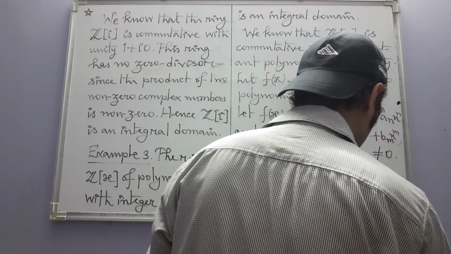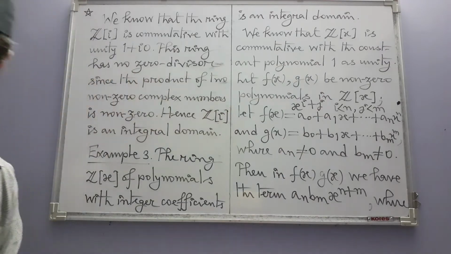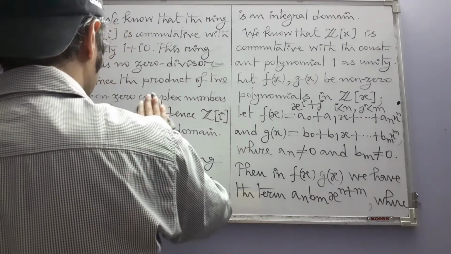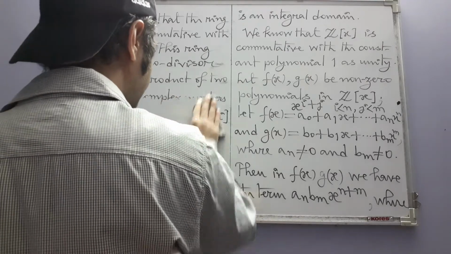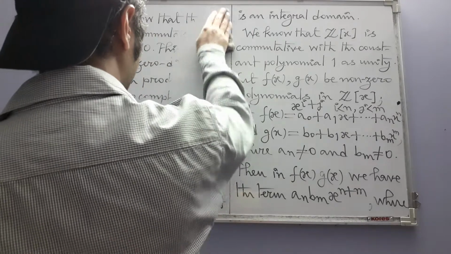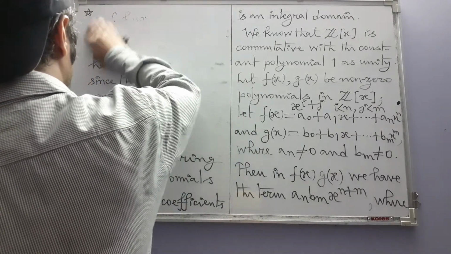Here an bm is non-zero. So that just means what? That there is a non-zero term in the product of the polynomials, that is f(x)g(x).